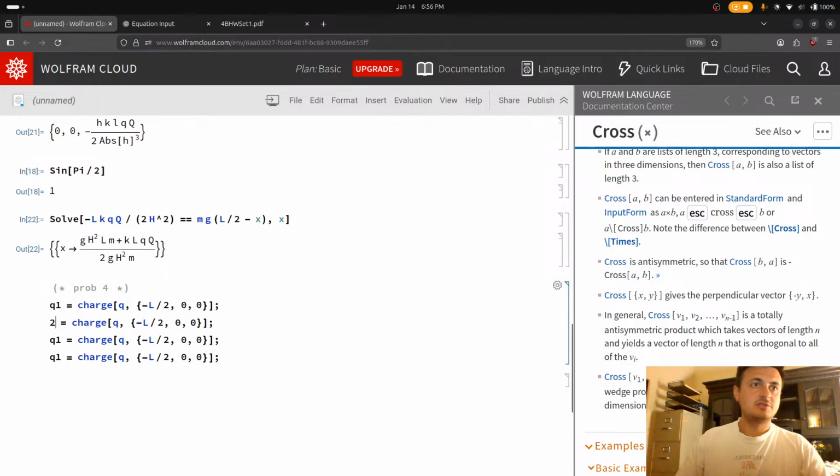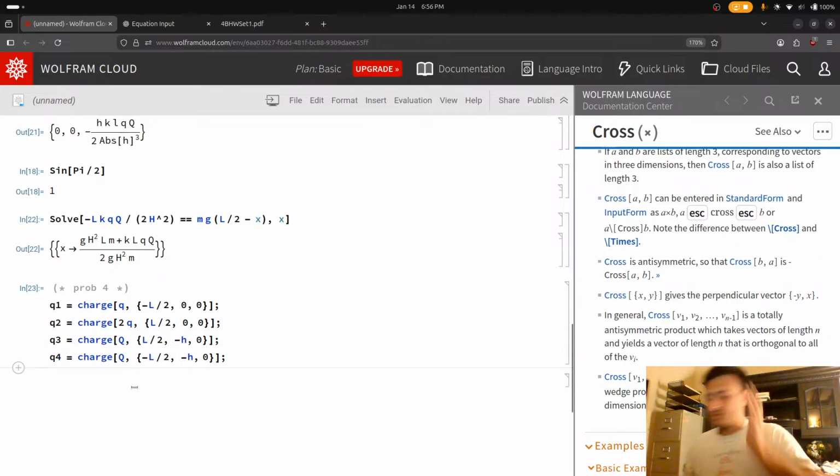All right, so this is going to be 2, 2, 3, 4. And then this is 2Q at L over 2. And this is big Q at L over 2, minus H. Then this is going to be big Q at minus L over 2, minus H. Okay, we have all of our charges now.